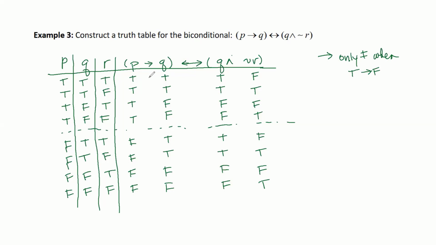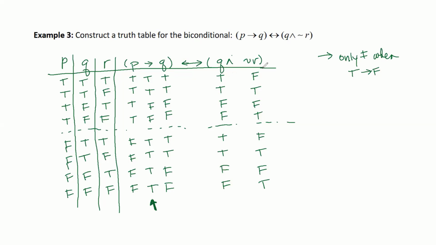So true implies true is true, true implies true is true, true implies false is false, true implies false is false, and all of these will be true because they're all starting with false. Okay, so that's what we're going to use in a later step. So I'm going to put a little arrow there so we can find it.